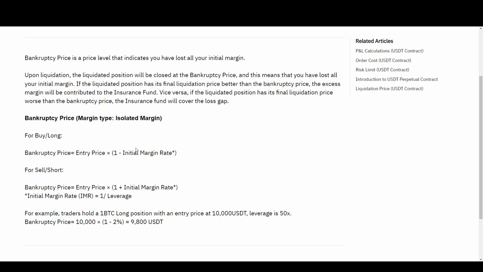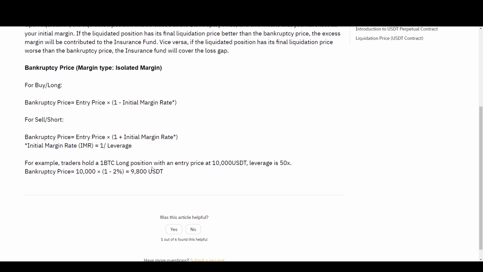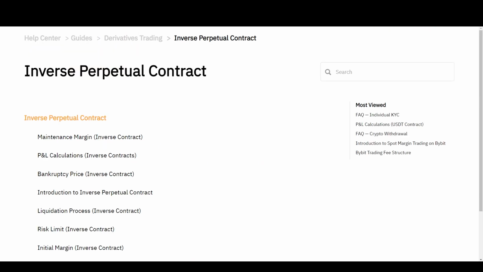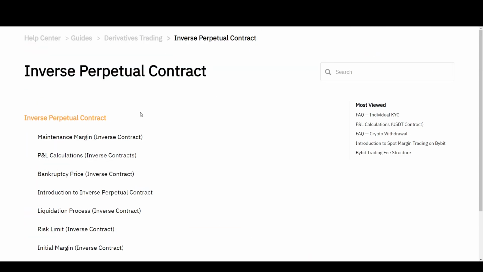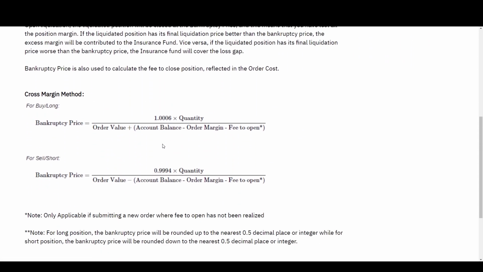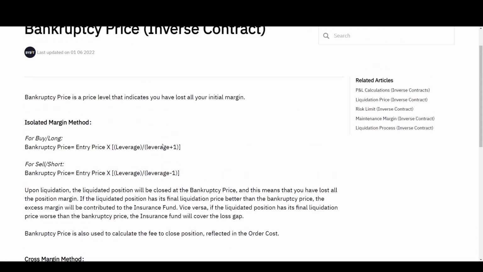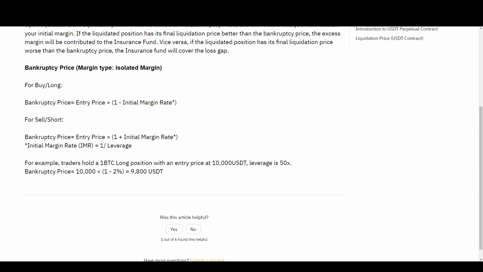So therefore, this should not change. 10,000 times 1 minus 2%. This was 10622.